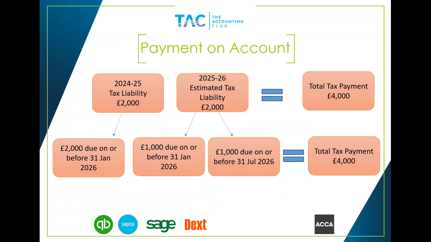In most cases where you are a high earner or you have other income and your tax liability is greater than £1,000, the amount of your tax liability is usually different to the amount that you pay because of payment on account.